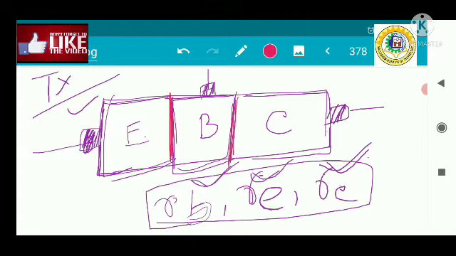These junctions give rise to different resistances. Where there is a junction, there is a depletion layer. So these two junctions give rise to some resistances between the base and the emitter, and also between the base and the collector.